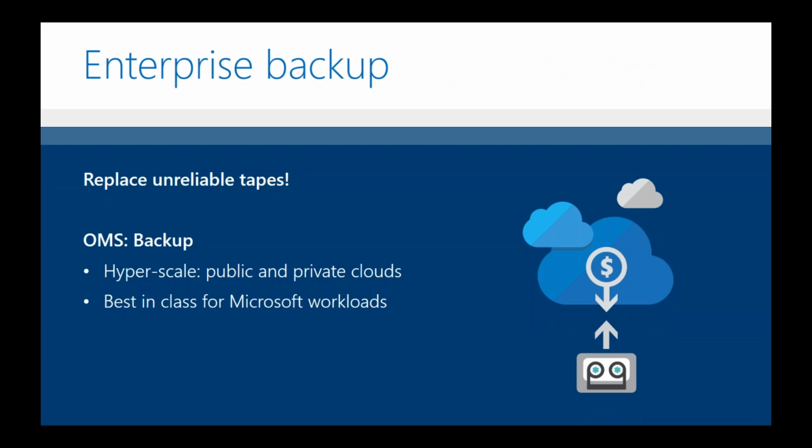So for enterprise backup, you can replace unreliable tapes. I mean, literally, tapes are no good nowadays that we have cloud backups. But you can use them if you want to.